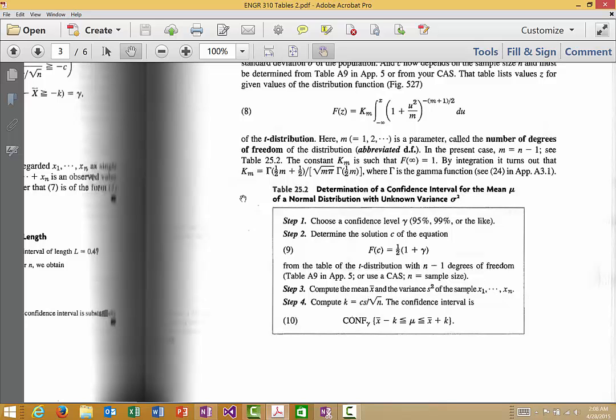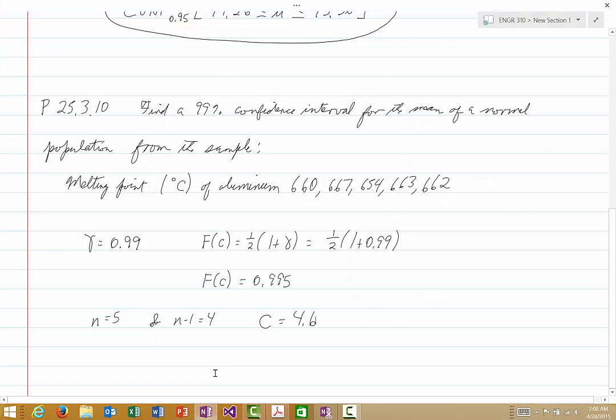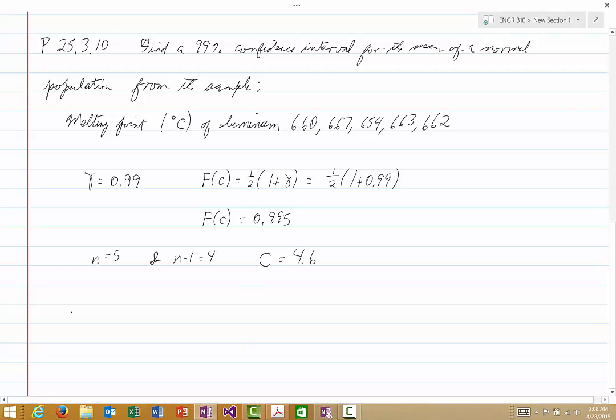Now the mean of this sample, x bar, is simply going to be 660 plus 667 plus 654 plus 663 plus 662 over 5.